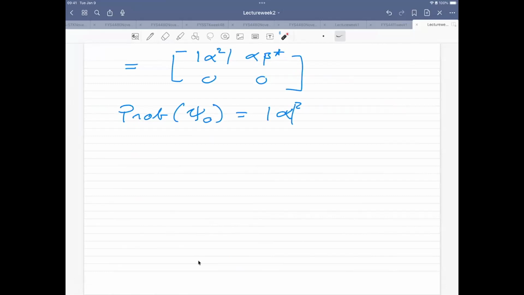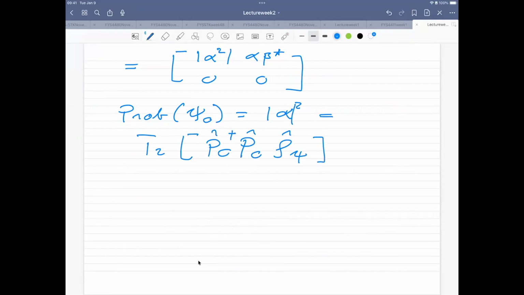Then you see now that if I take the trace of that quantity, we can rewrite this as the trace of P0 multiplied with the density matrix for this specific state which we have picked, the state psi here. And that is again equal, as you can quickly see now, to alpha squared.